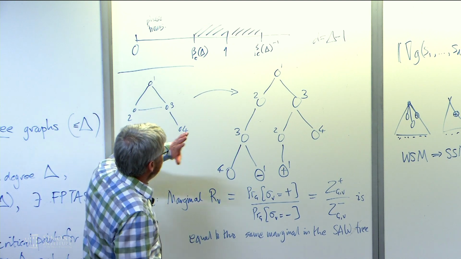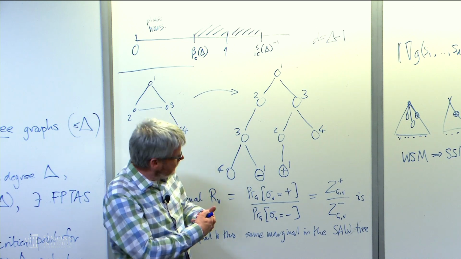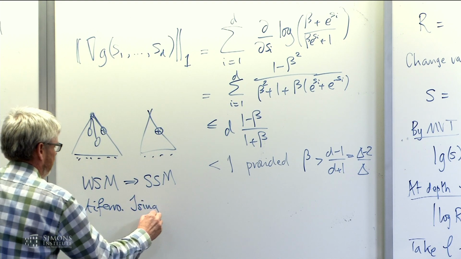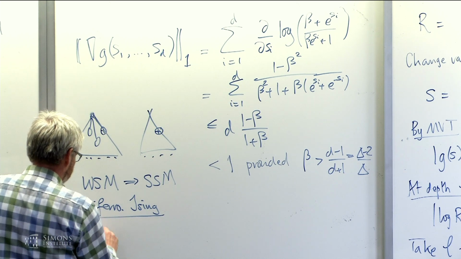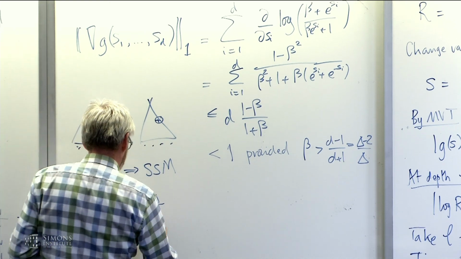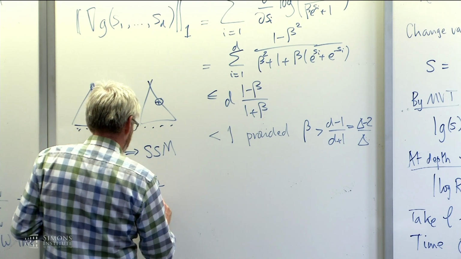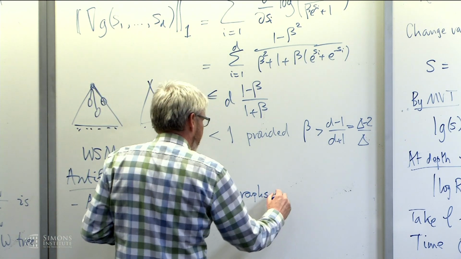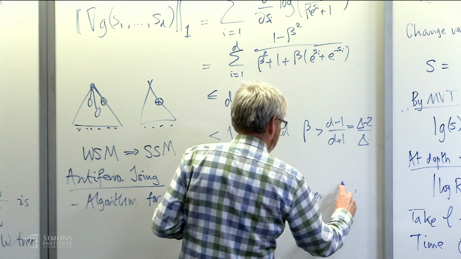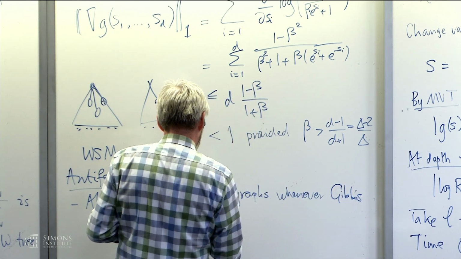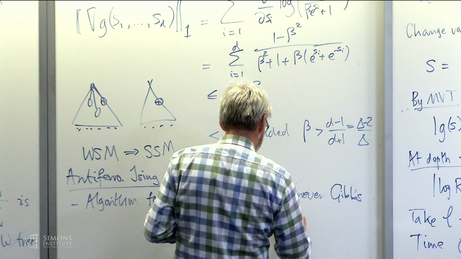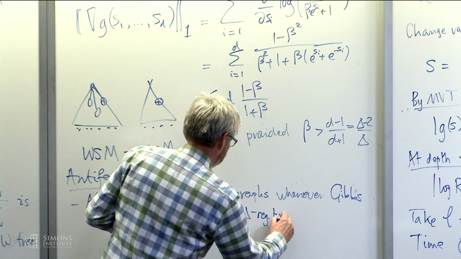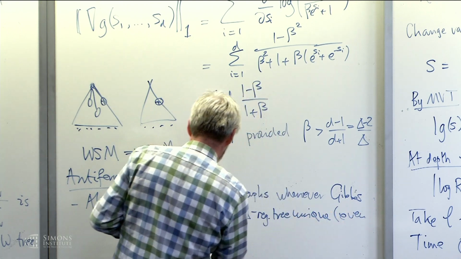So for the anti-ferromagnetic Ising model, you have, on the one hand, an algorithm for bounded degree graphs, for delta regular graphs, whenever the Gibbs measure is unique, even with a field, unique on the delta regular tree.